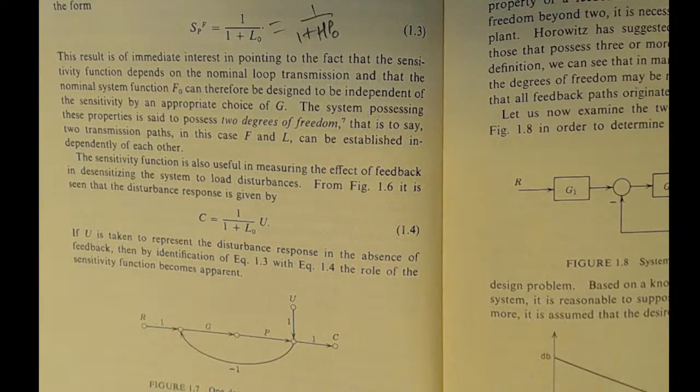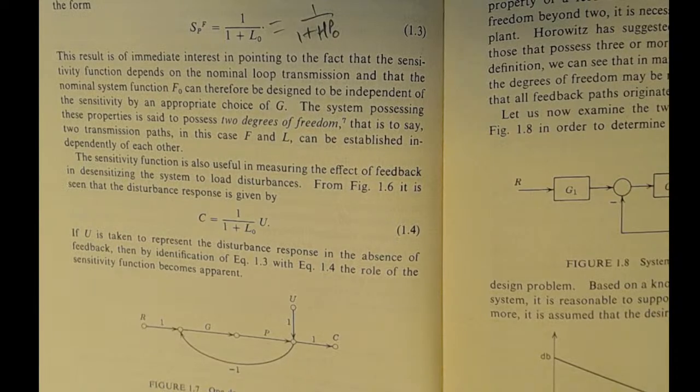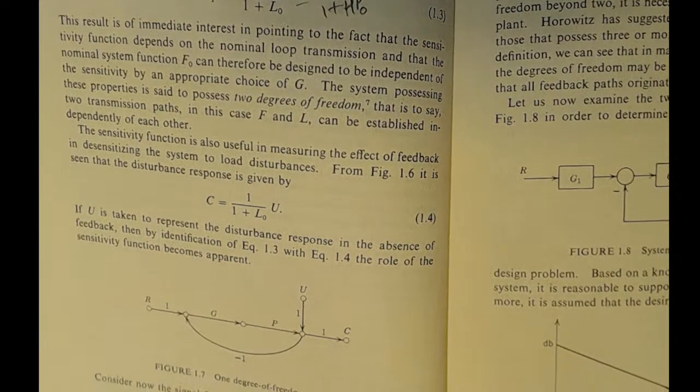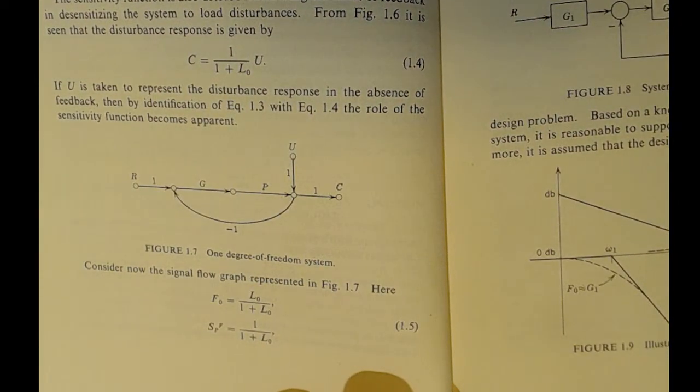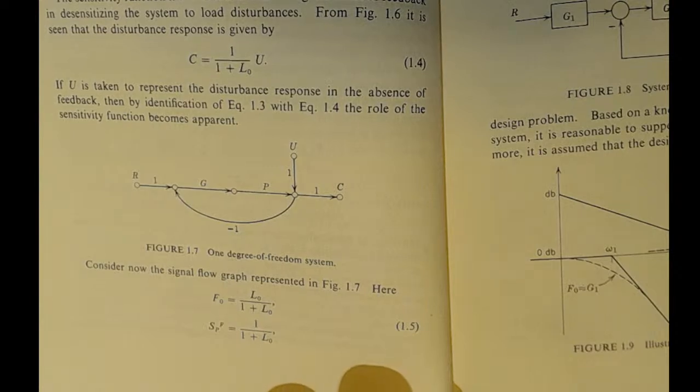From figure 1.6, it is seen that the disturbance response is given by blah. If U is taken to represent the disturbance response in the absence of feedback, then by identification of equation 3 with equation 1.4, the role of the sensitivity function becomes apparent.